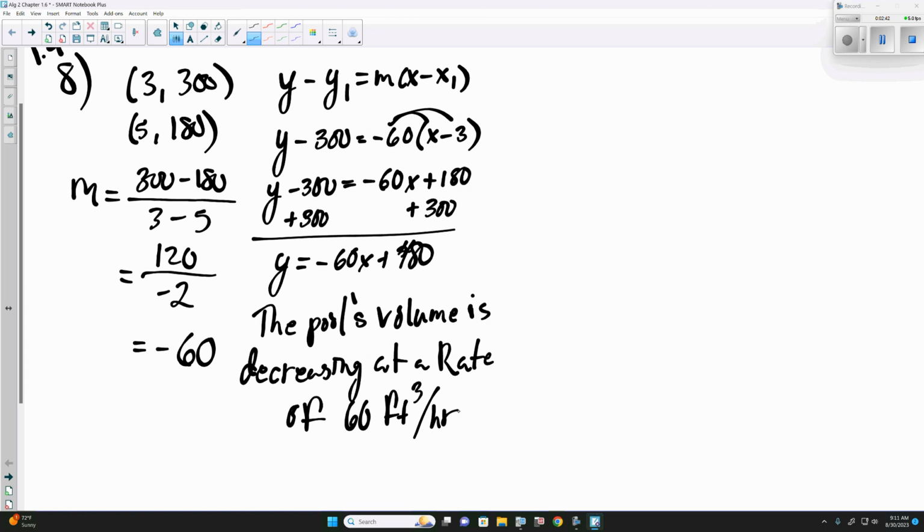Any other questions on this here? Yes, cubic feet.